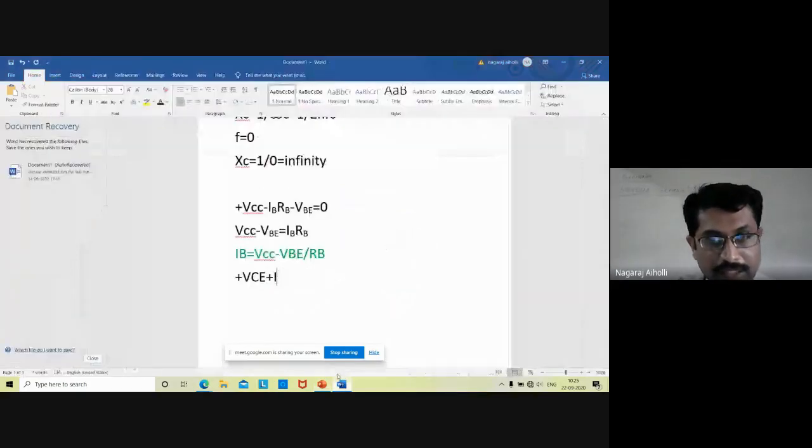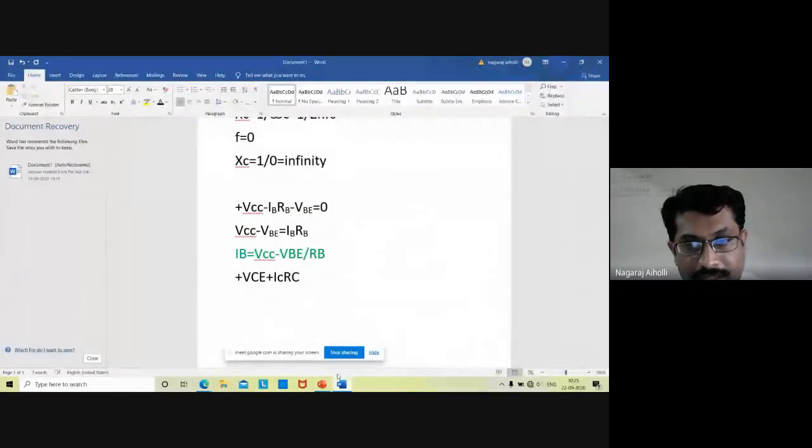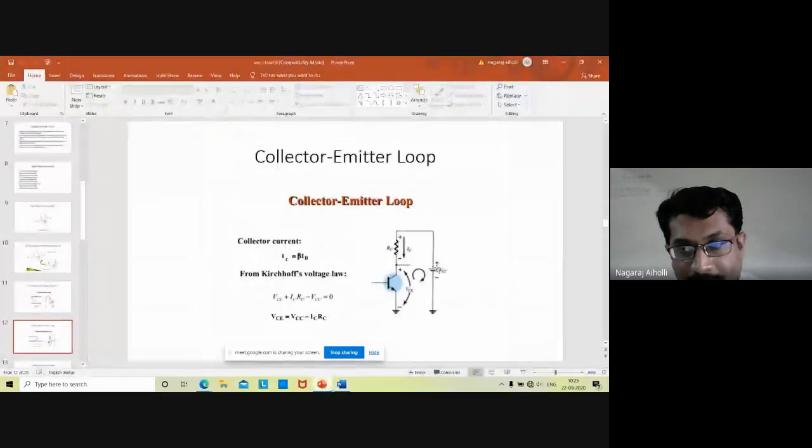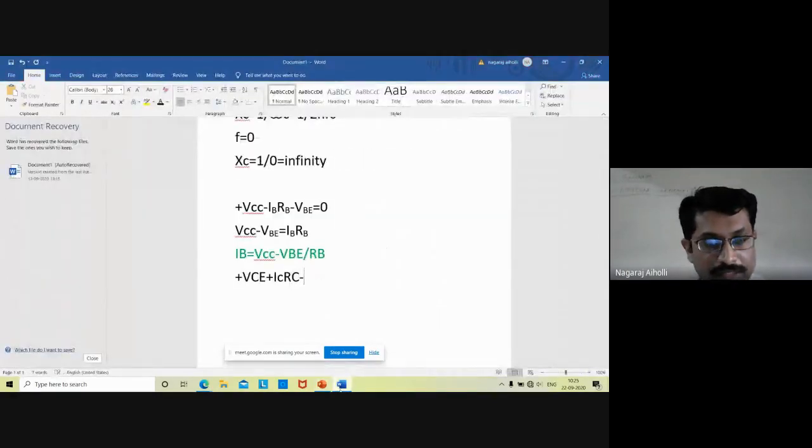Then next, the supply VCC, positive to negative, decrease in energy, it is minus VCC is equal to 0.